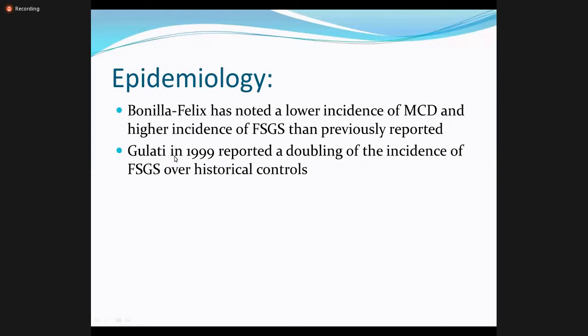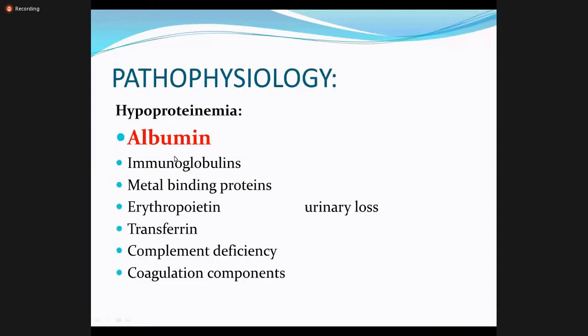And why hyperlipidemia? When there is hypoproteinemia, there is loss of albumin in the body, and the liver tries to produce more protein, and it produces lipids along with the proteins. That causes hypercholesterolemia, hypertriglyceridemia, and low density lipoprotein and very low density lipoprotein get increased. The mechanism is increased hepatic synthesis of low density lipoprotein and very low density lipoprotein in response to hypoalbuminemia.